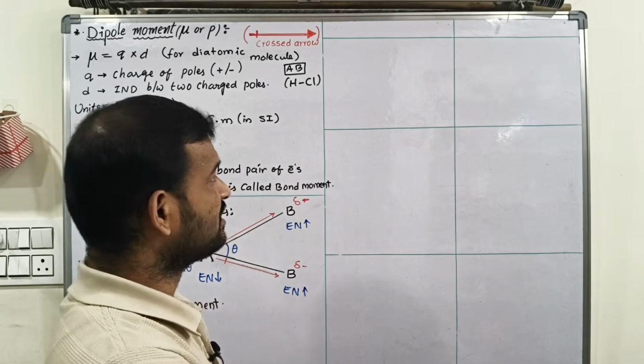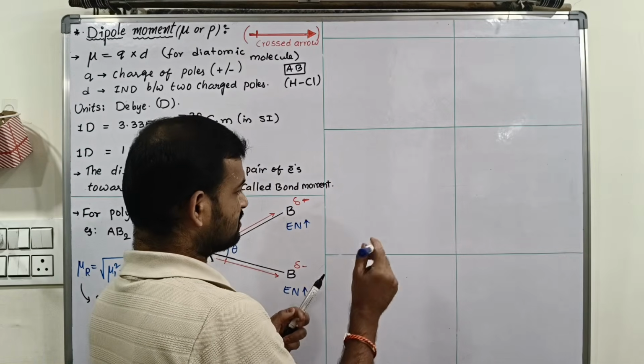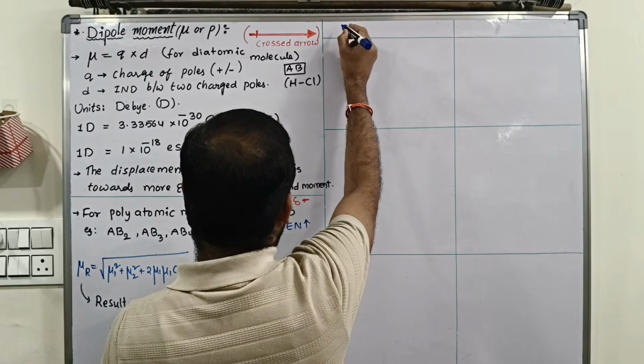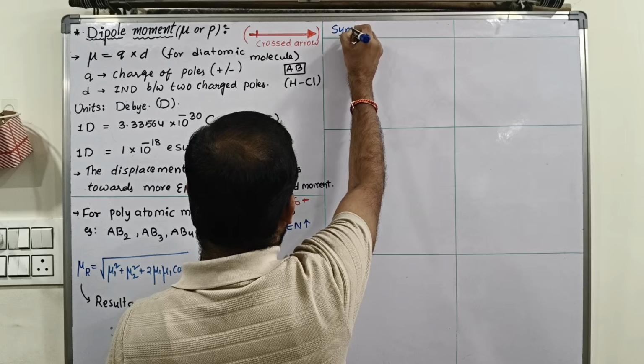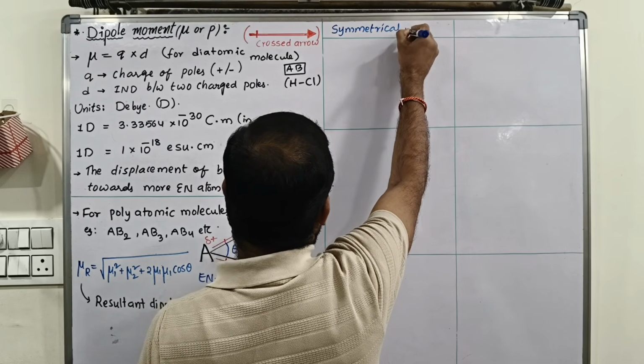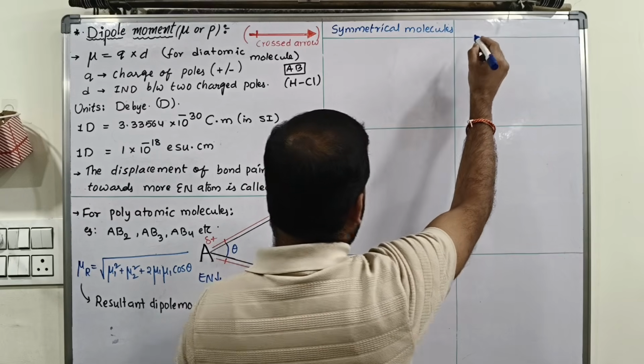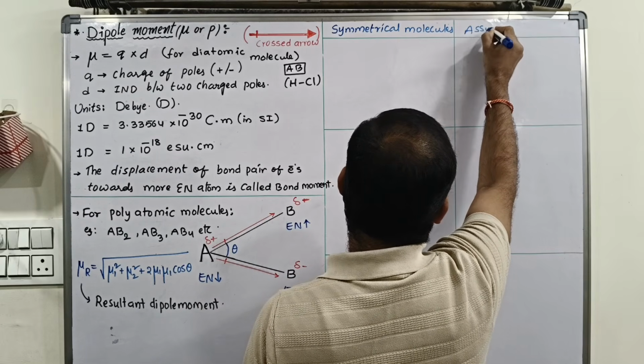Okay, now we will see examples for both types of molecules. First one is symmetrical molecules, second one is asymmetrical molecules.